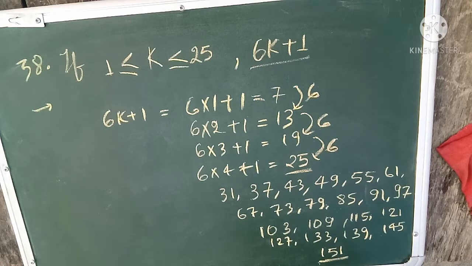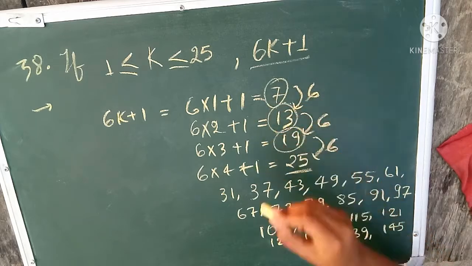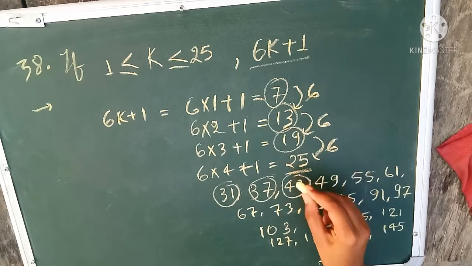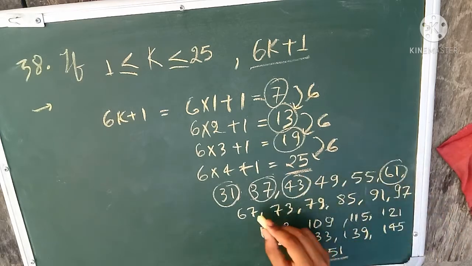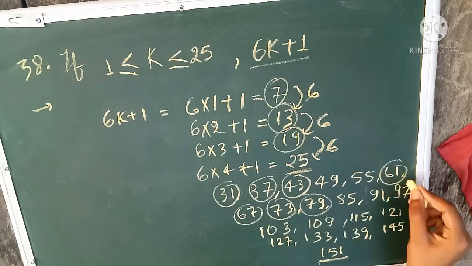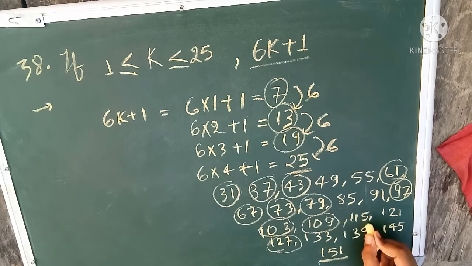Now we will find all the prime numbers here. So we have prime numbers as 7, 13, 19, 31, 37, 43, 61, 67, 73, 79, 97, 103, 109, 127, 139, and 151.